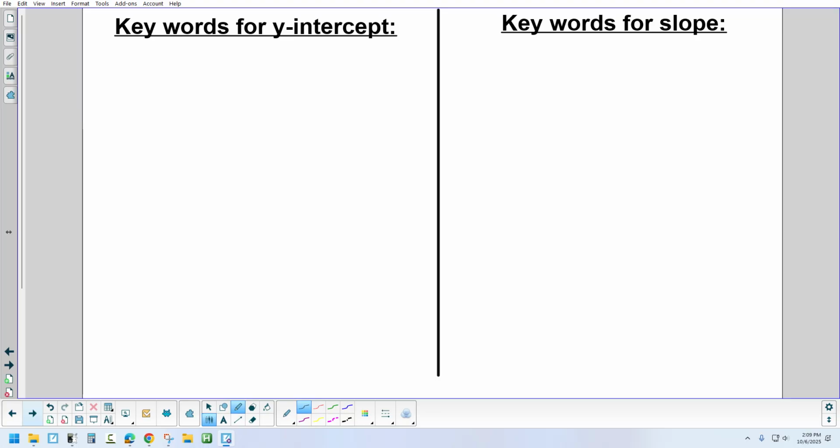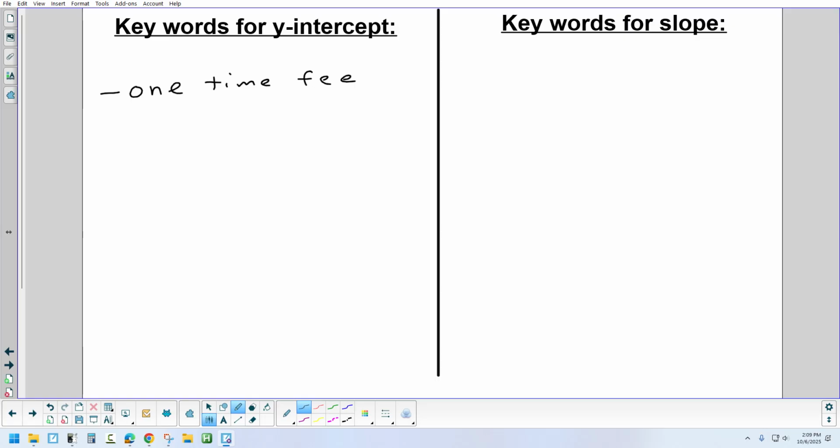So let's go through some of the words that you're going to see. A y-intercept is something that only happens one time. So if you see a phrase like one-time fee, if you're doing a word problem, it's a one-time fee, that's a hint that that's the y-intercept.